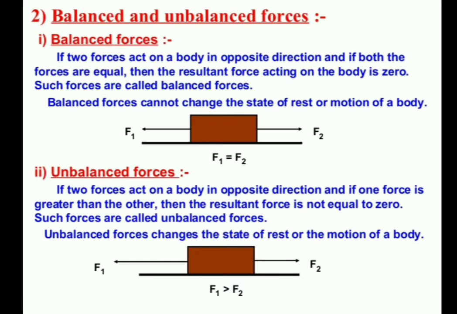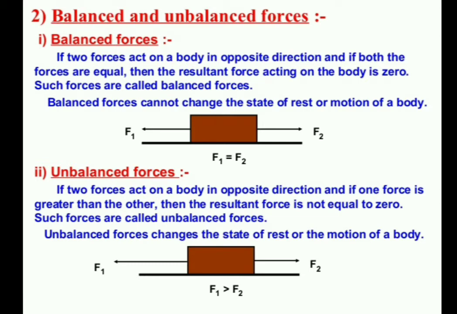If two forces act on a body in opposite directions, clear? And if one force is greater than the other, then the resultant force is not equal to 0. Before, it was equal to 0 because both forces were equal. Here, if one force is greater than the other, the resultant force is not equal to 0.